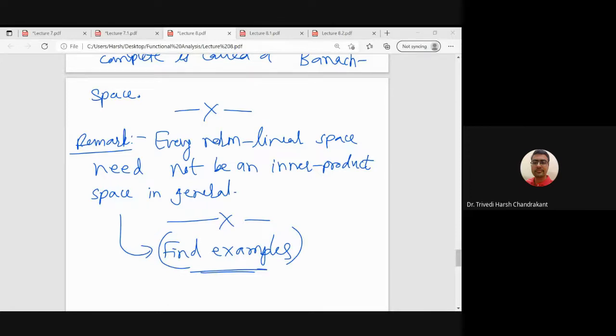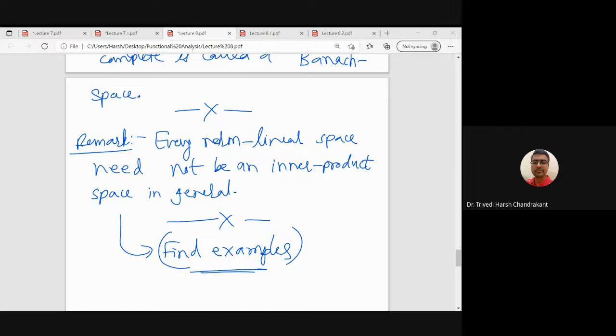Angle, that is correct. So basically, orthogonality. We know that if two vectors have inner product zero, that means they are orthogonal. Any angle we can define using the cos theta formula in terms of the inner product. But mainly we can define orthogonality, and we studied in school the Pythagoras theorem.